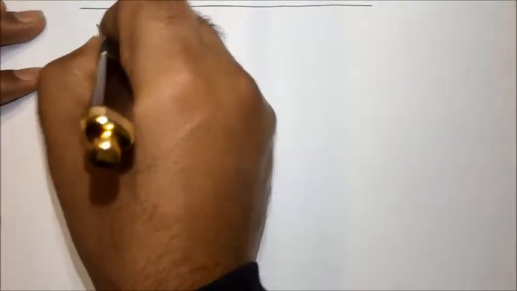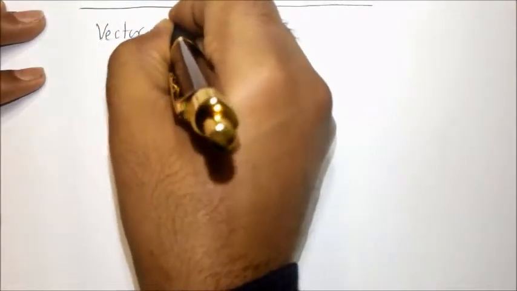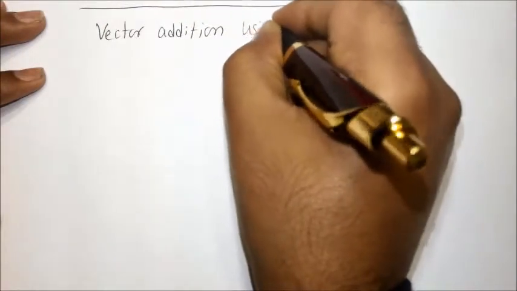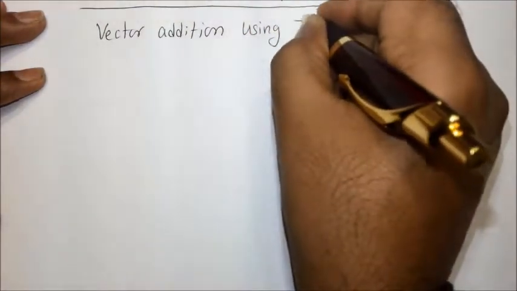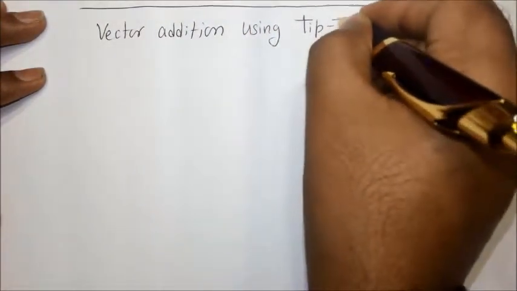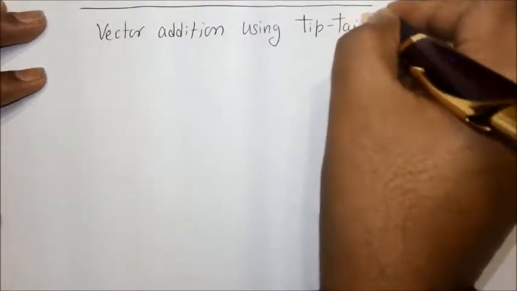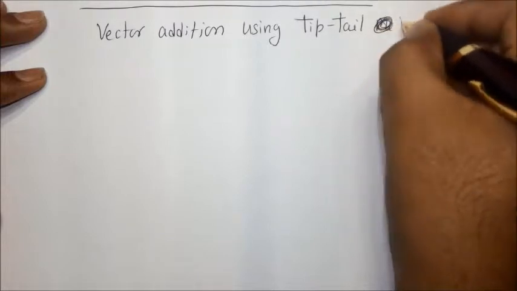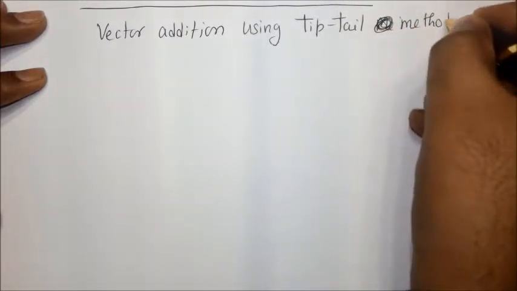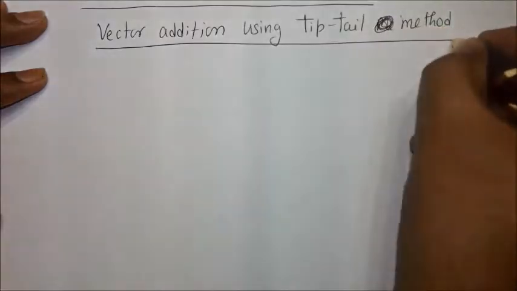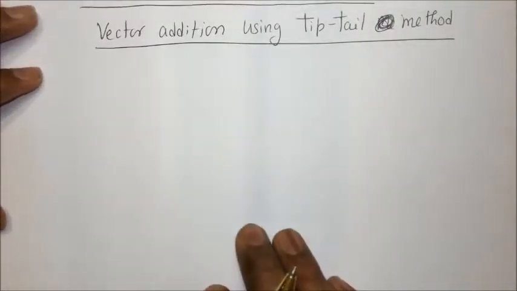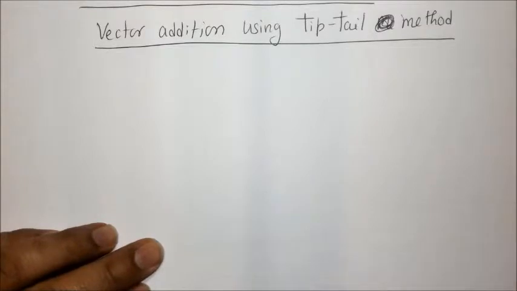Now we are going to discuss vector addition using the tip-tail method. How can we do this? Suppose there are two vectors.